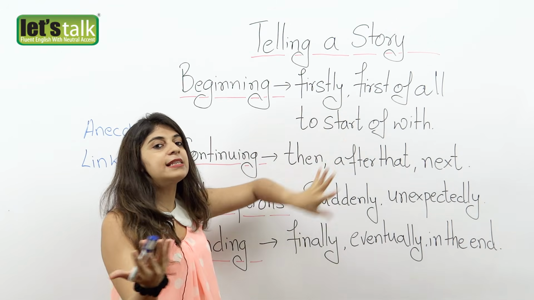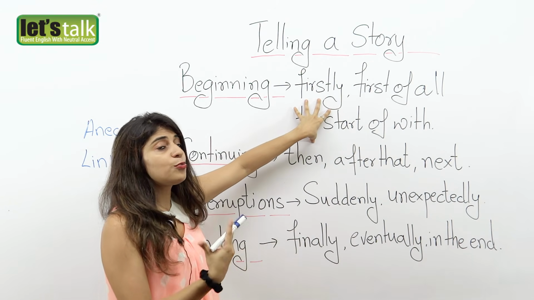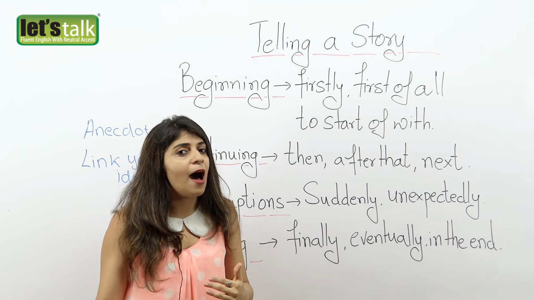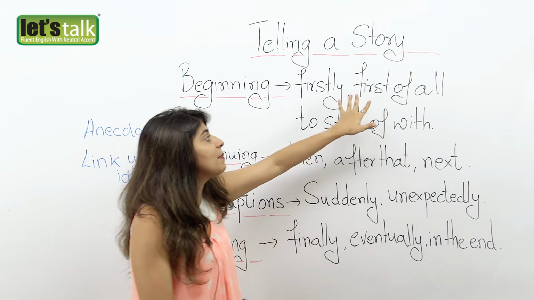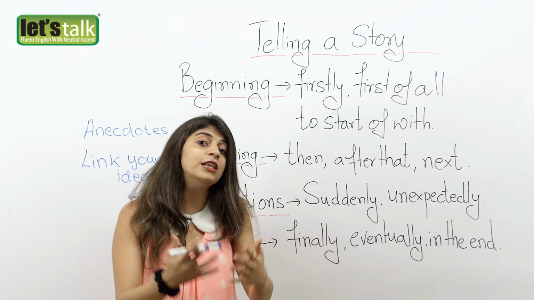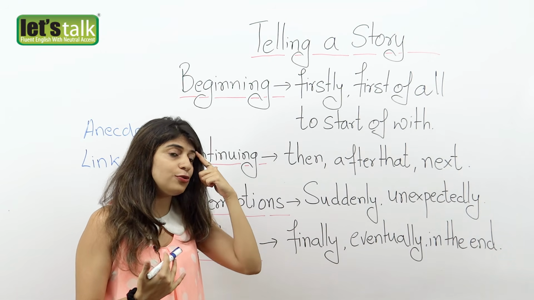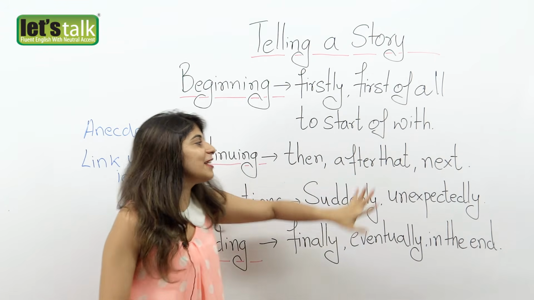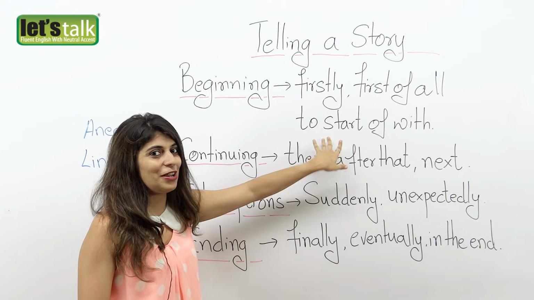And then you can use words like firstly. Firstly, we went to John's house for the party. Or first of all, for example, first of all, I opened the closet and removed my clothes. Or to start off with.